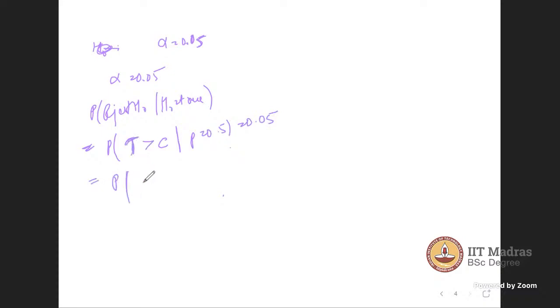We can say it is just some p-hat in place of T, and P is 0.5 here. So 0.5 divided by... what is the variance? It is n times p times q.